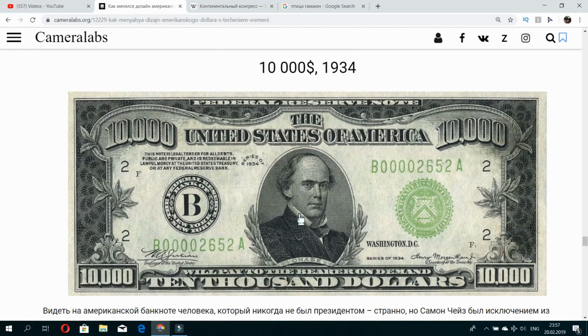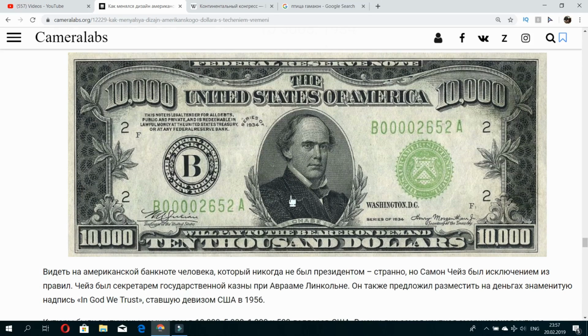And the $10,000 bill of 1934. To see on an American banknote the person on the front of this banknote, who was never a president, is very, very strange. But this is Salmon Chase, and it was an exception from the rules.